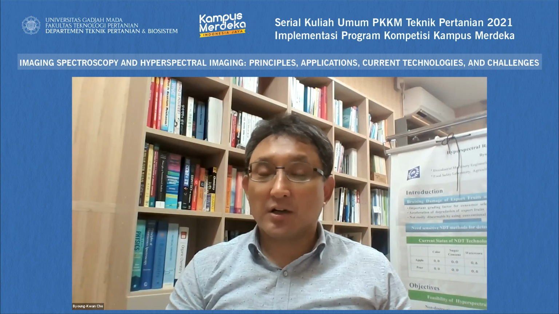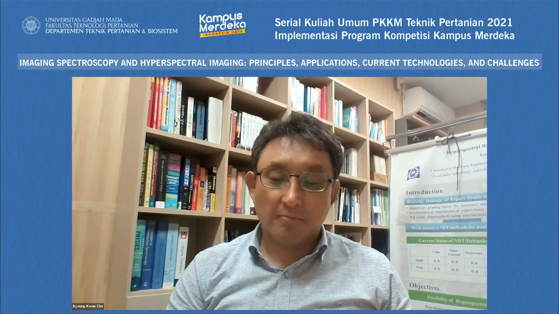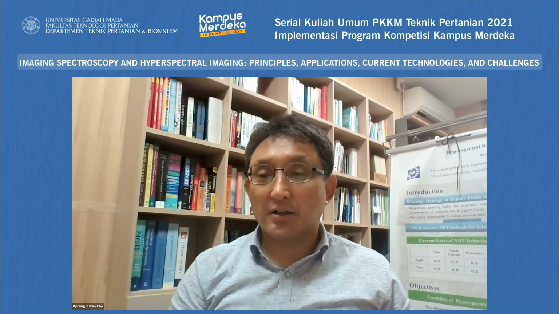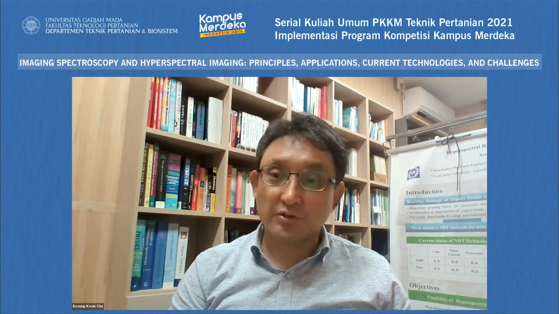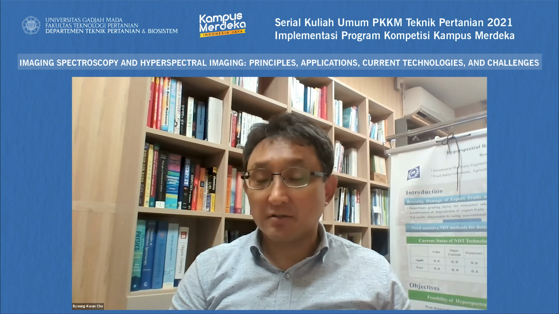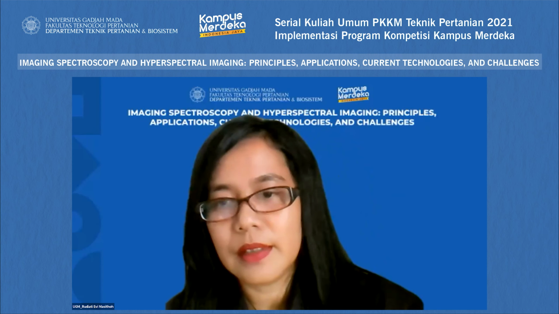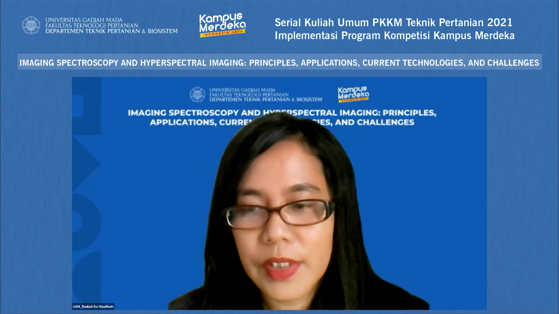So sometimes NIR is enough. For major chemical component measurement, NIR, 1,000 to 1,700 nanometers, would be enough. Okay, so NIR is enough for fish.